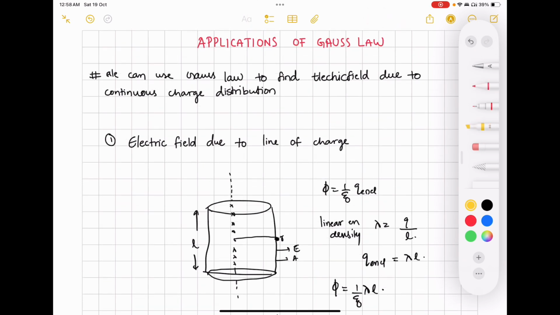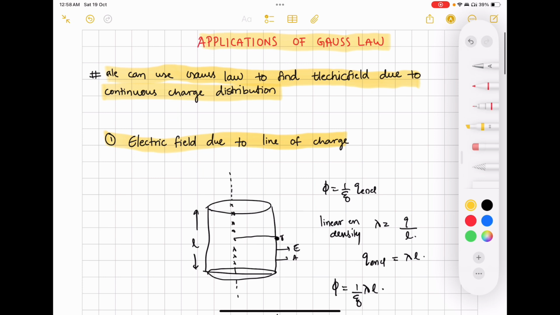Now I'm going to summarize the things we have studied in this class. We have studied applications of Gauss law. We can use Gauss law to find electric field due to continuous charge distributions like line of charge, sheet of charge, charged shell, etc. First we have studied electric field due to a line of charge.